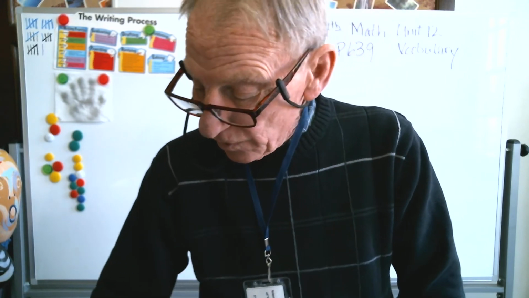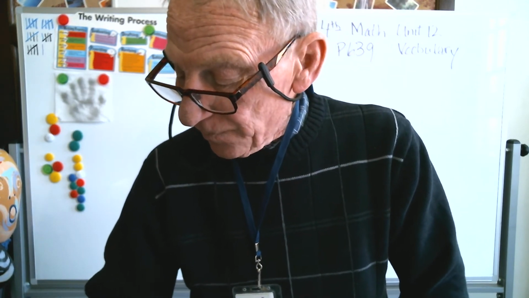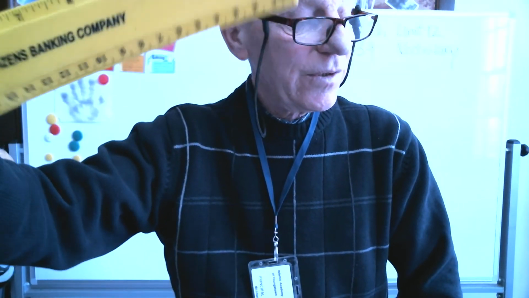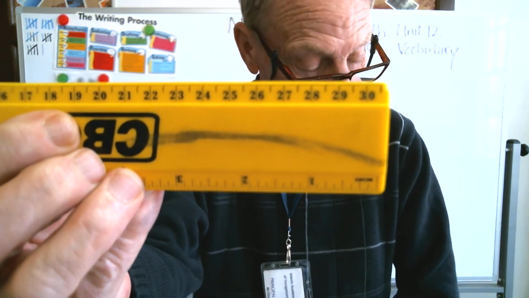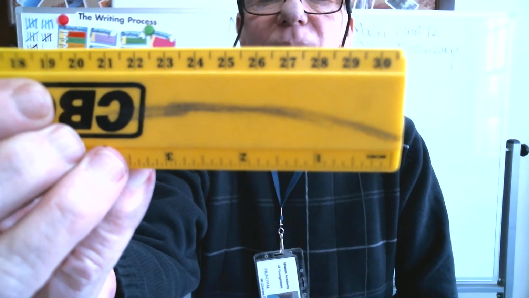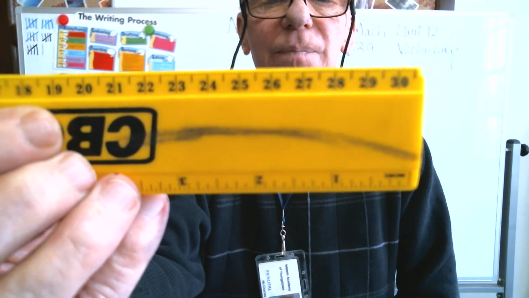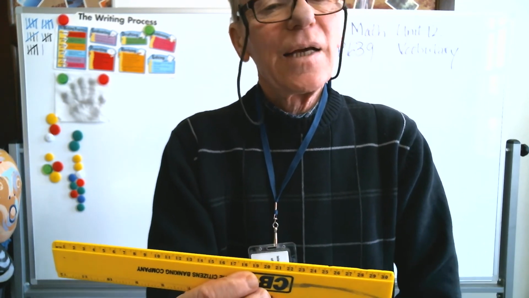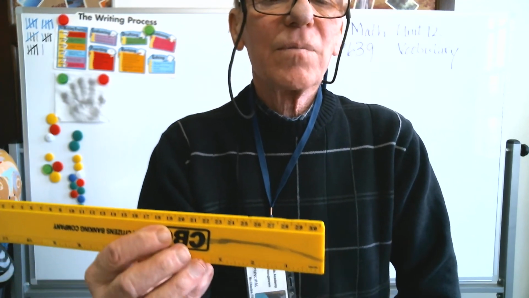And on our ruler, if you recall, we have the standard measure of inches on one side, and then we have centimeters on the other side. Centi means 100. So that means there's a smaller measure beneath the centimeter. That's 1/100th of a centimeter, but it's a very small measurement.